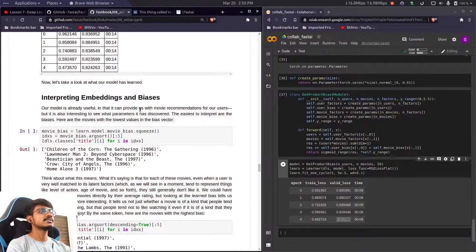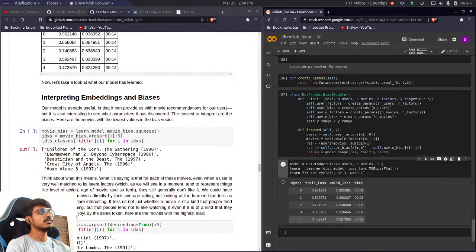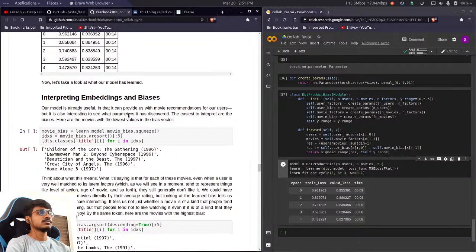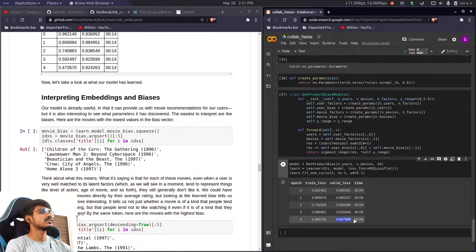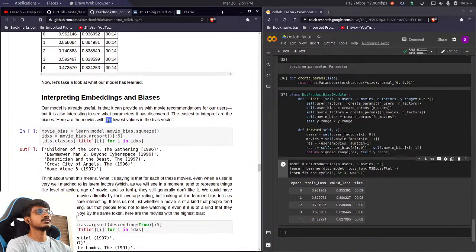How is it useful? It is giving us 0.82 validation loss. Okay, I guess this is good enough for movie recommendation systems, because there's no right or wrong answer, right? It's just a recommendation.